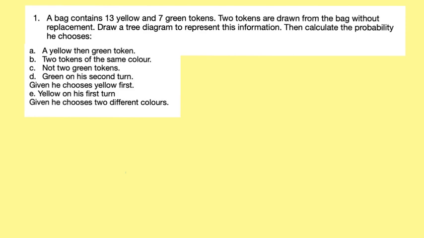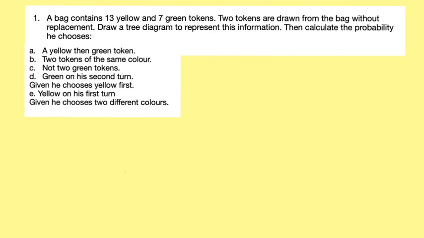Draw a tree diagram to represent this information, then calculate the probability he chooses: A, a yellow then green token; B, 2 tokens of the same colour; C, not 2 green tokens; D, green on his second turn, given he chooses yellow first; and E, yellow on his first turn, given he chooses 2 different colours.